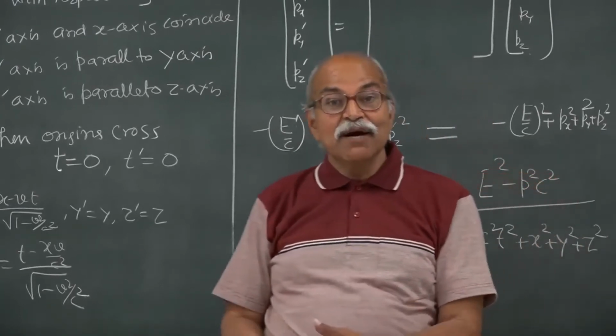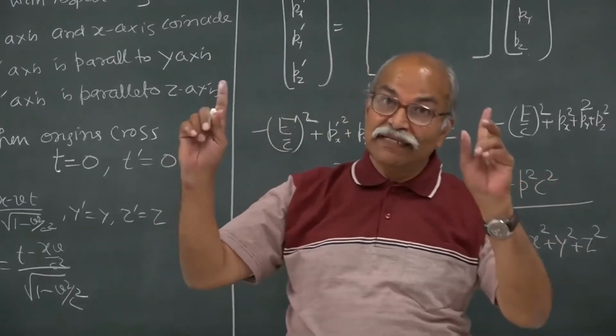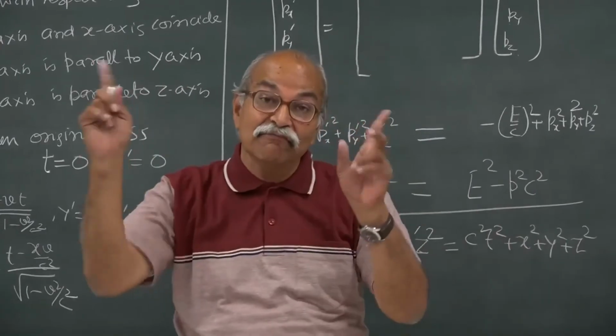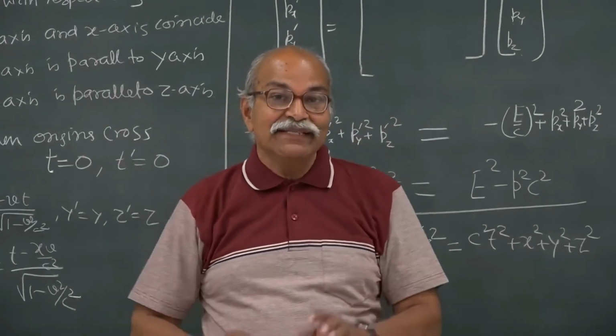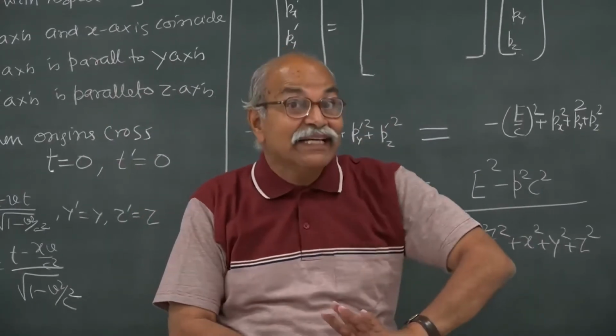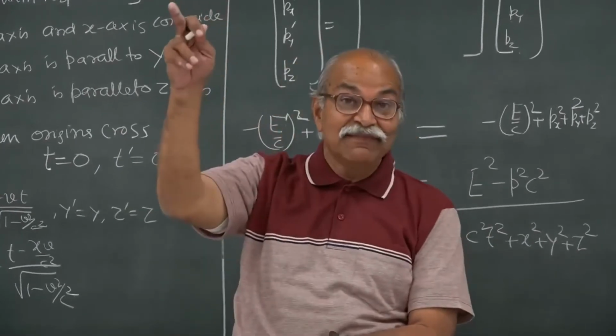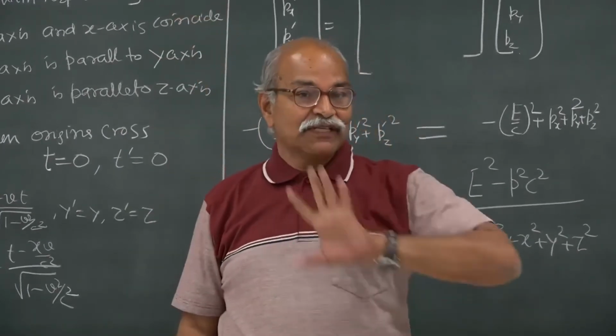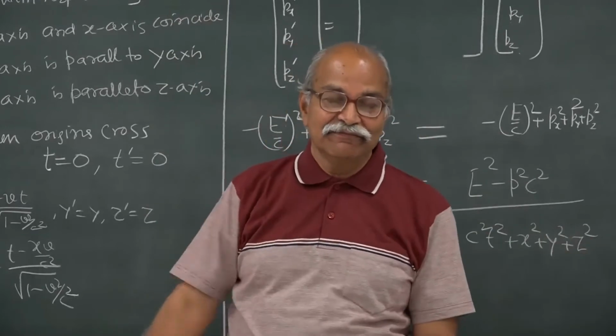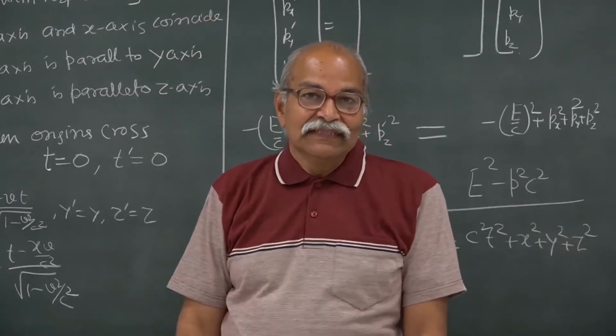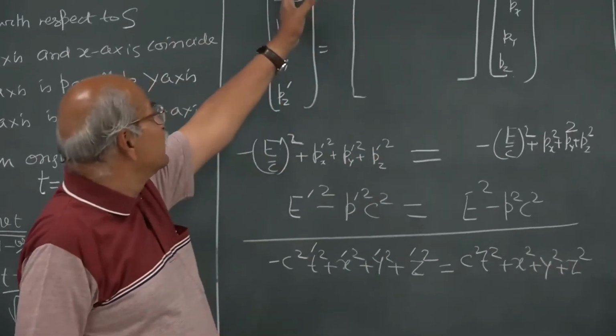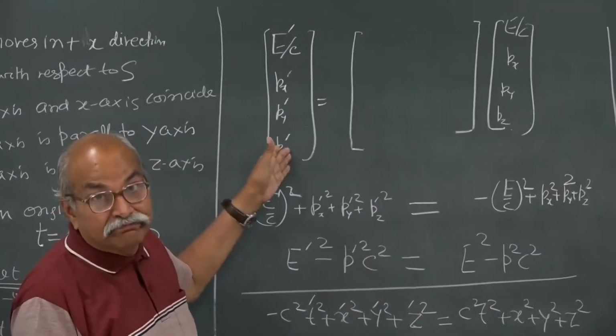And because of that mixing, we say there is one entity, space-time, and space and time are like components of space-time. When you choose a frame, you have fixed what is space and what is time. Similarly here, energy and momentum are mixed up.